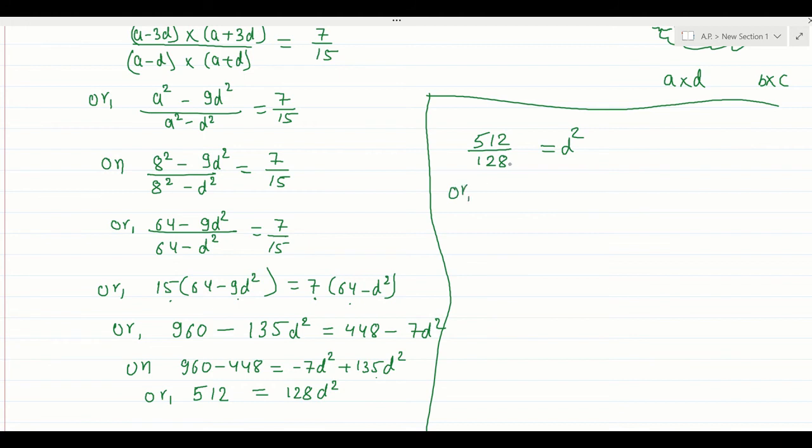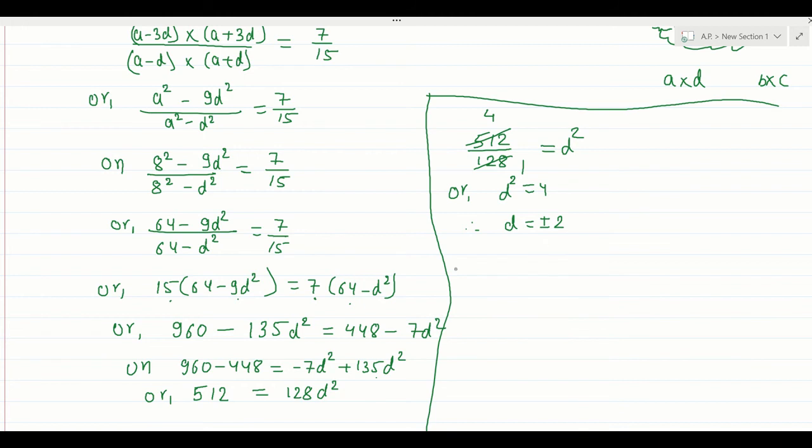We know 128 fours are 512, isn't that? So we are getting D square is equal to 4, which implies D is equal to plus minus 2.